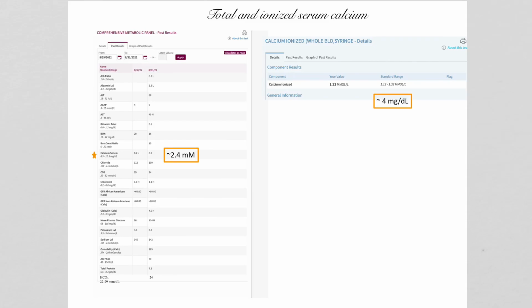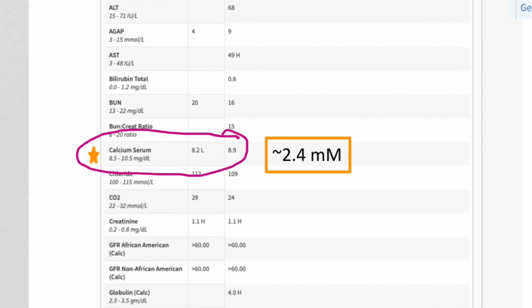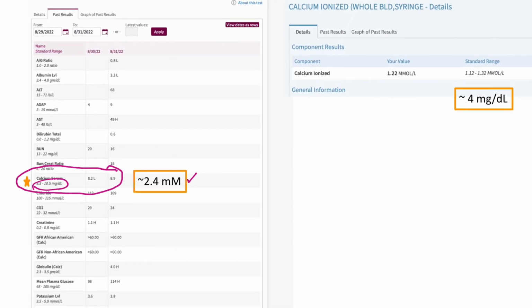So calcium is a routine test that is ordered in hospitals. The most common test is the total calcium, and you can see the value roughly in terms of milligrams per deciliter is about 10, or in terms of millimolar, that comes out to about 2.4 millimolar.